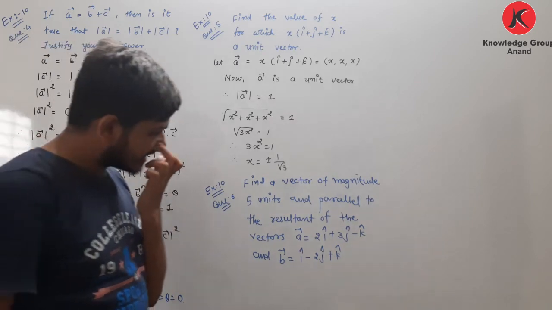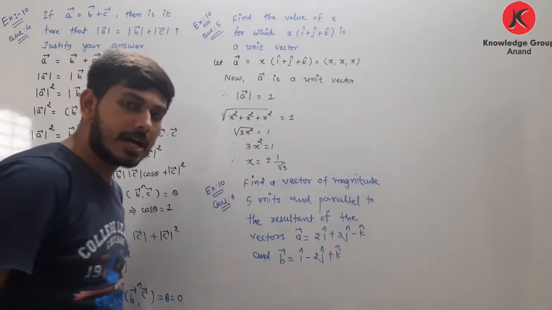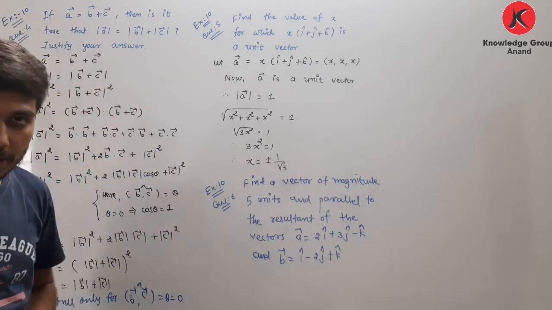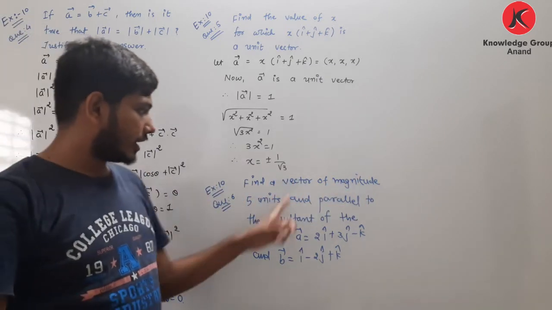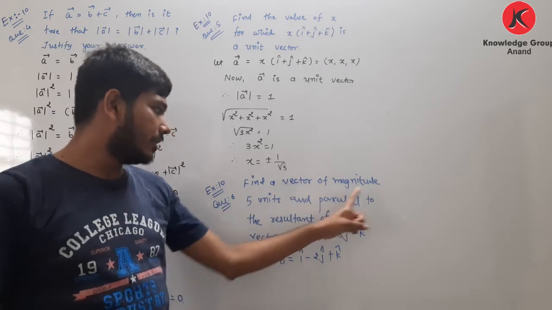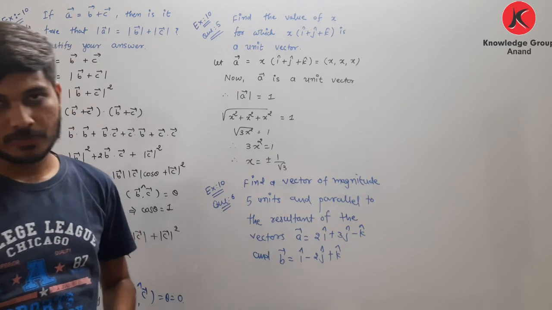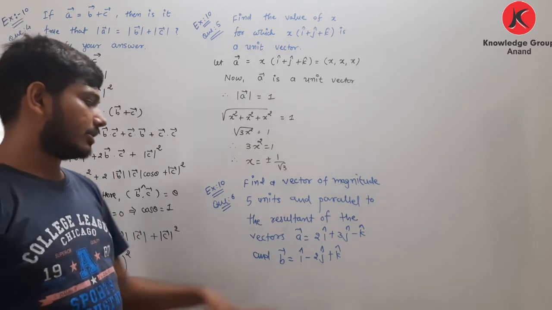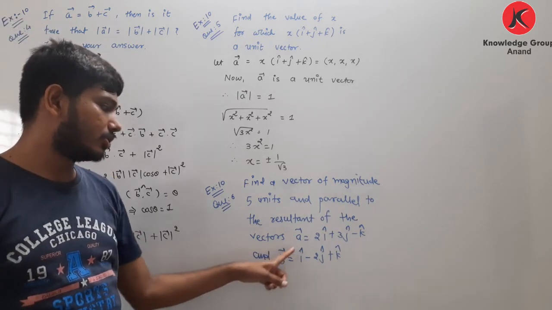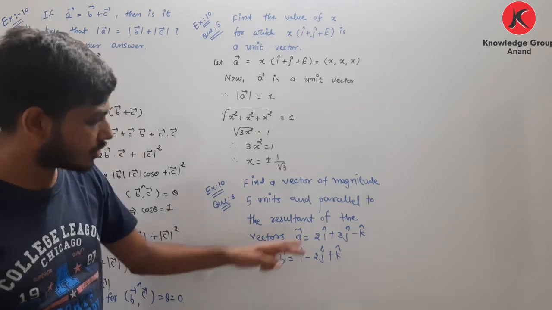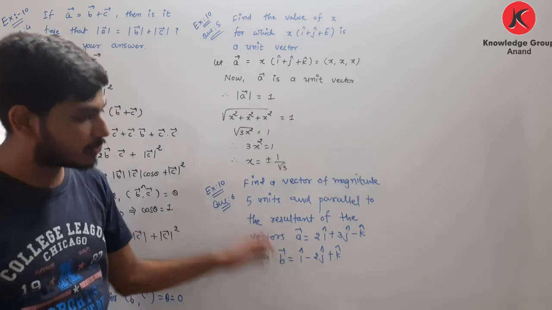Now exercise 10, question number 6 says: find a vector of magnitude 5 units and parallel to the resultant of these two vectors. So first of all, find the resultant of these two vectors.